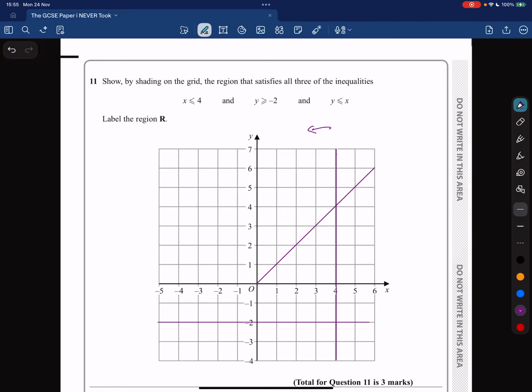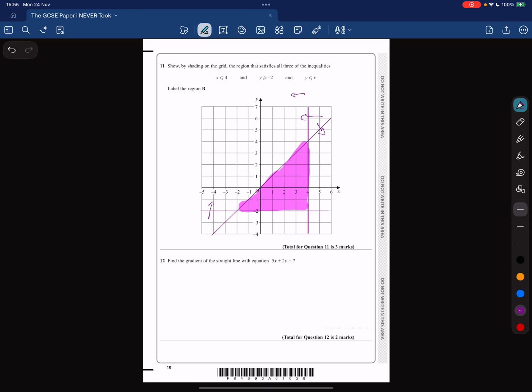Let me just get a highlighter, and it's in this region right here, because x is less than 4, so it's on that side, it's greater than minus 2 on that side, and it's less than, so it's on this side.